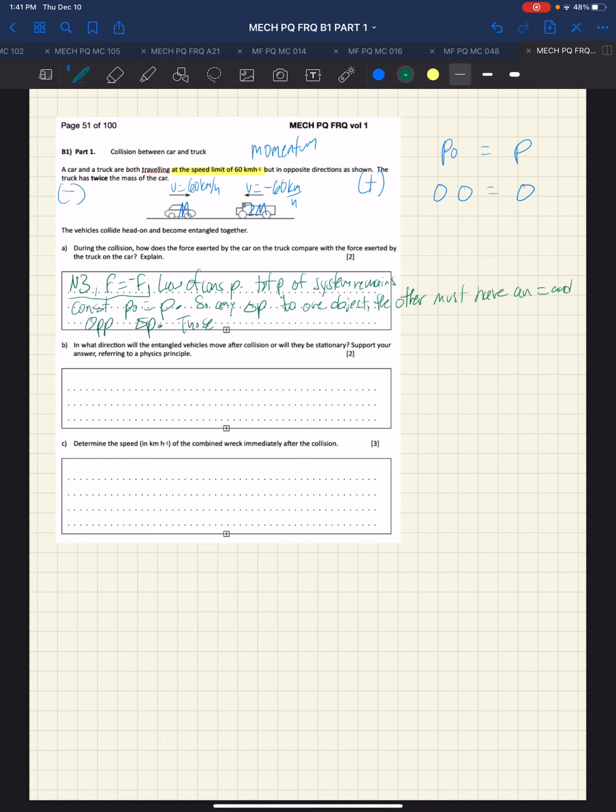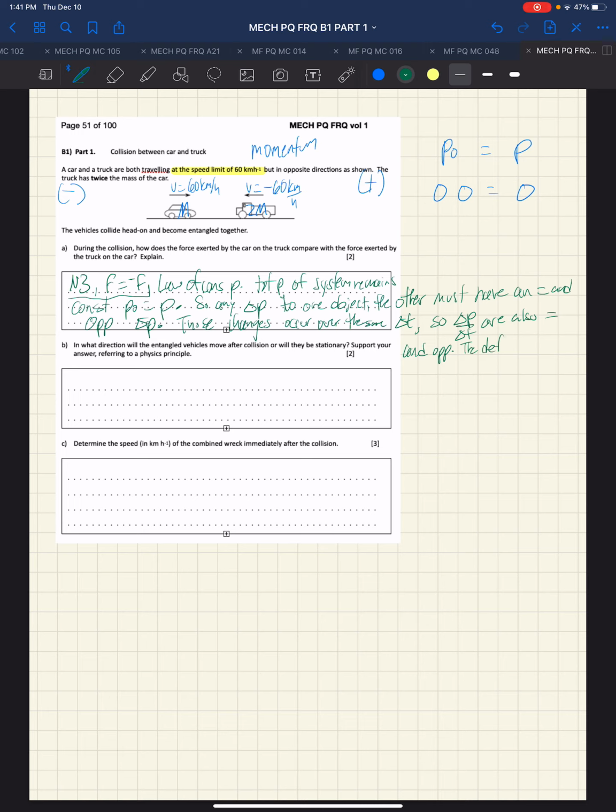Those changes occur over the same period of time. So delta P over delta T are also equal and opposite.